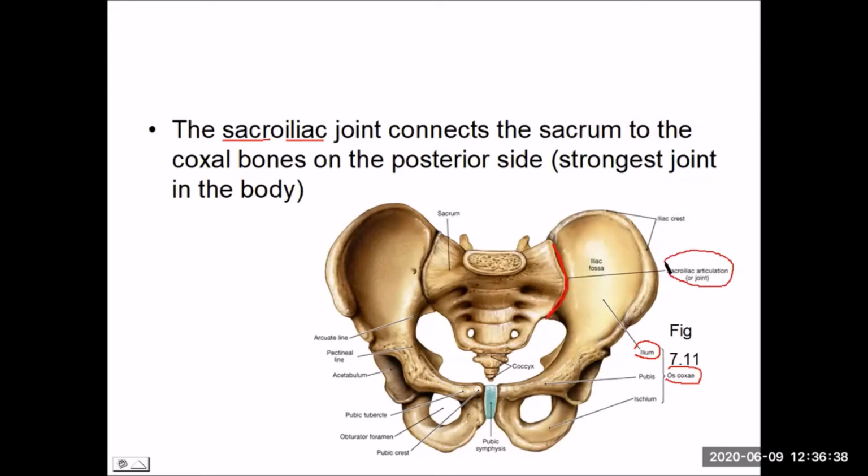And in contrast now to our upper extremity, the upper extremity again for our shoulder joint, that was weak yet very flexible. Here we have the opposite orientation. The sacroiliac joint is the strongest joint in our body.